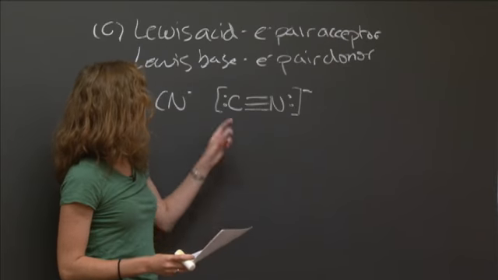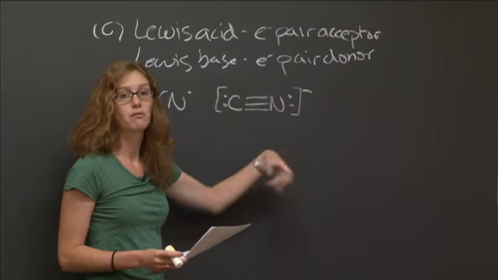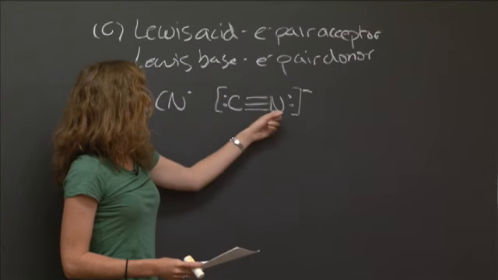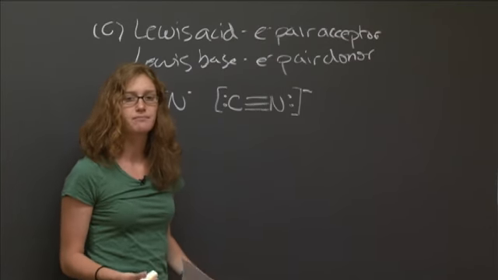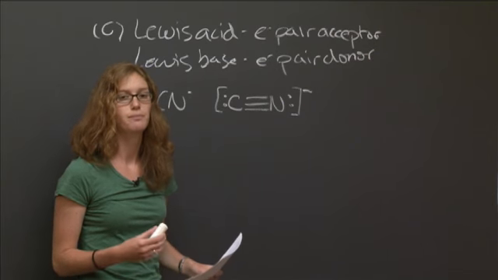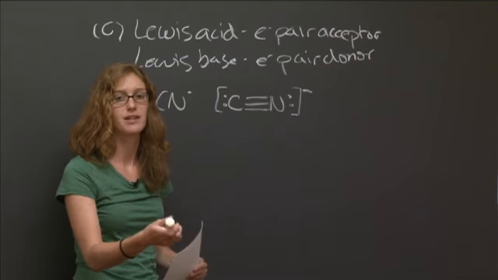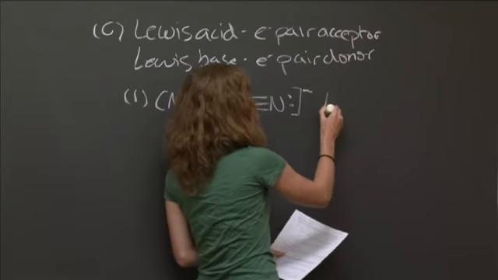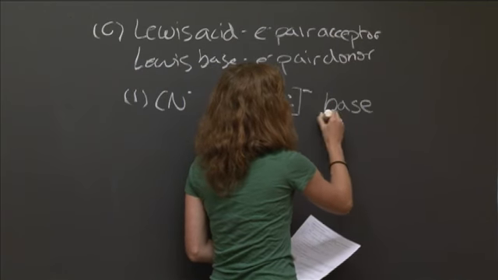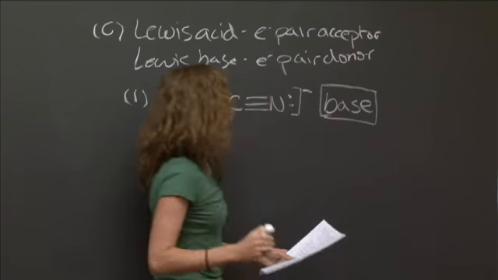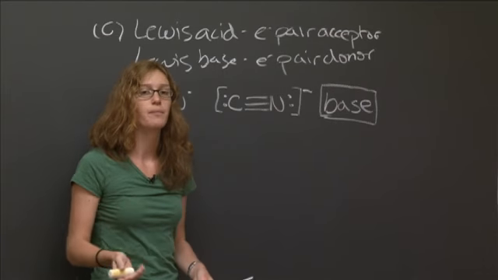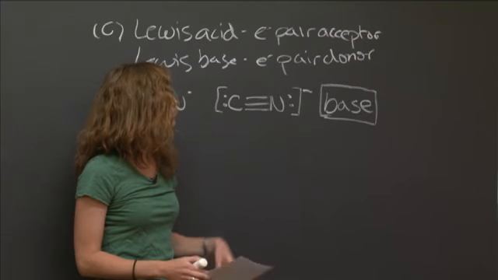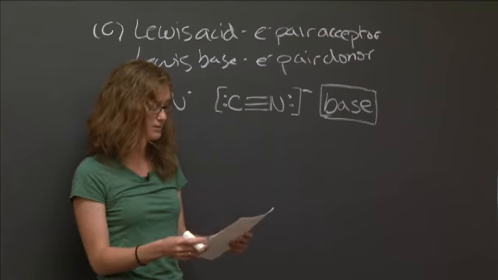And you can see that we have a couple of lone electron pairs there that aren't involved in bonding. And because it has a net negative charge, you can imagine that these electron pairs would want to grab onto something else that's a little bit more electron positive. So because of that, we know that this is actually a Lewis base. It acts as a base and would grab something like a proton and thus become more stable in some cases.